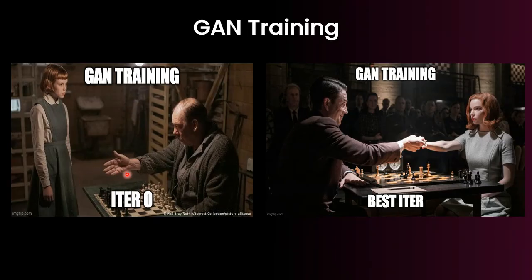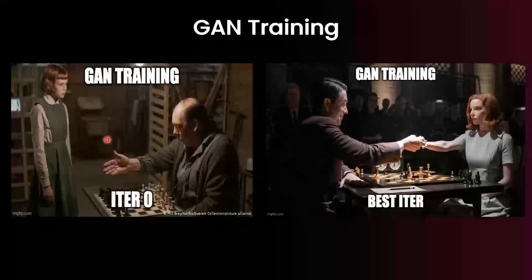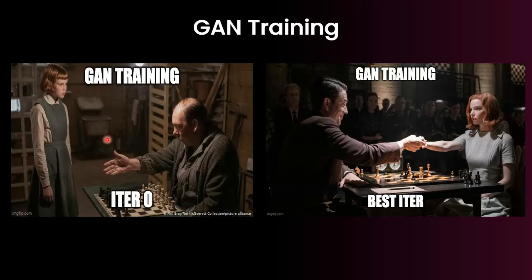At the beginning, the discriminator is trying to teach the generator how to generate a good image, like a real image. And at the end, the generator succeeds, and the discriminator maybe can't differentiate between the generated image and the real image, okay.